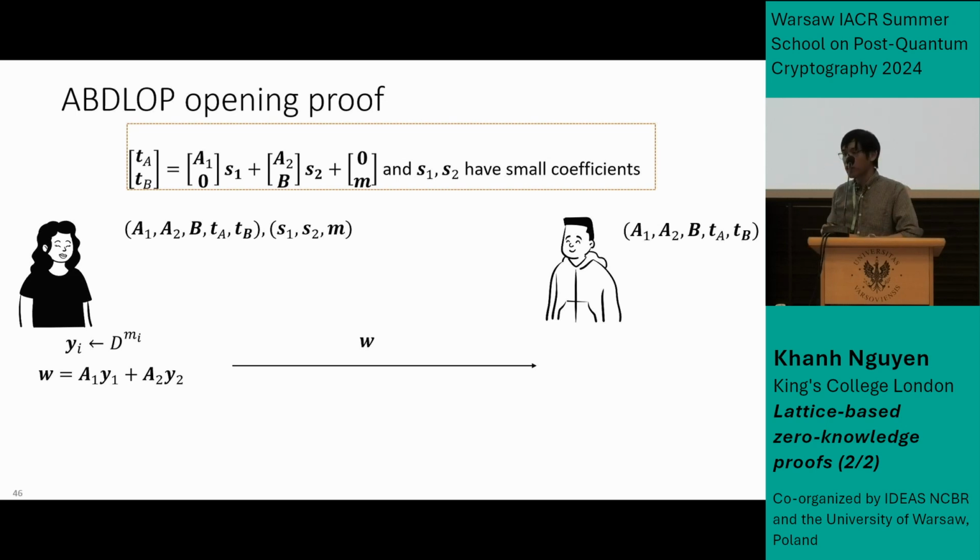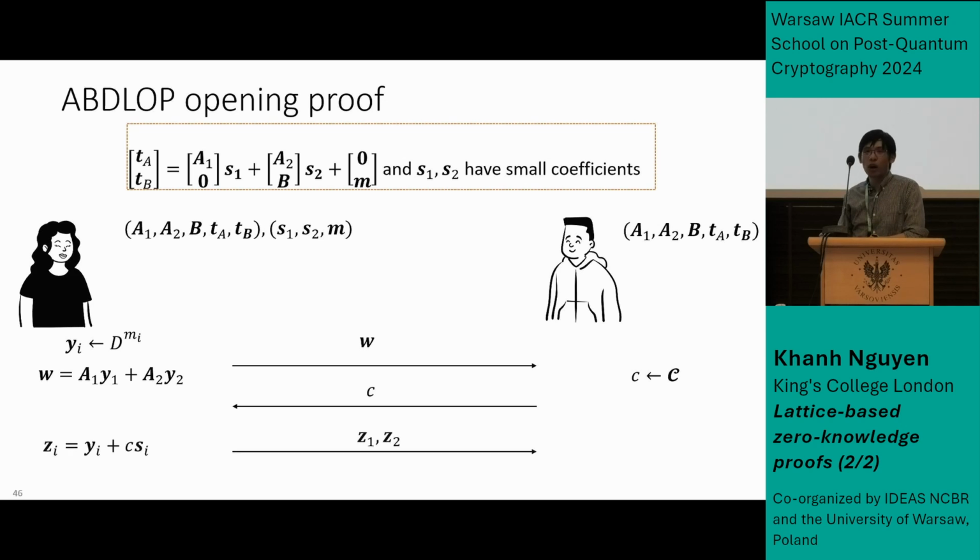So I sample the masks yi. Now I'm being pretty informal. I'm not putting all the parameters and rejection sampling. So I sample y1, y2. I compute w equal to A1y1 plus A2y2. So literally Schnorr. So now we send w. The verifier sends the c.